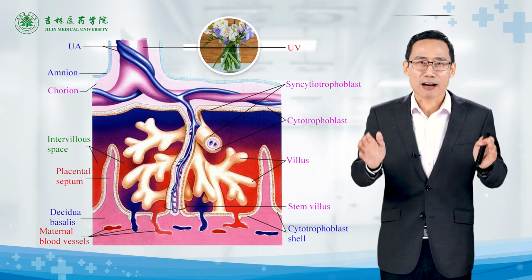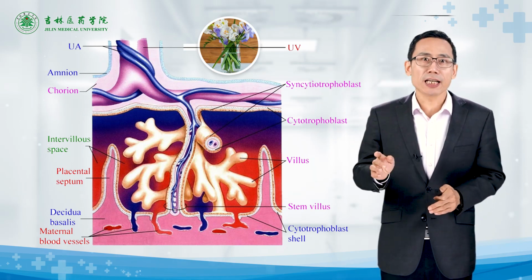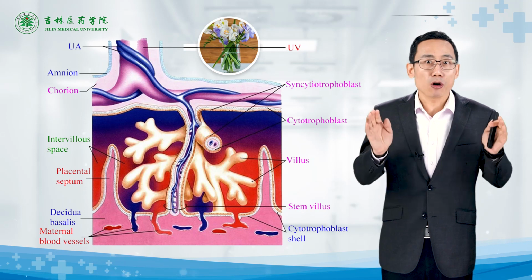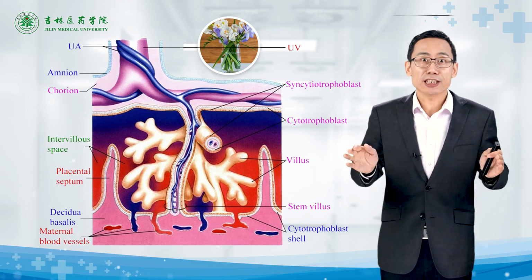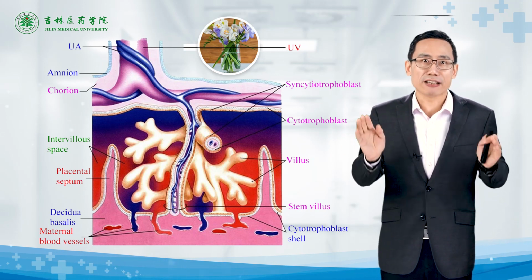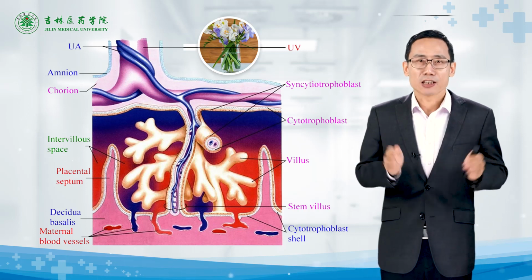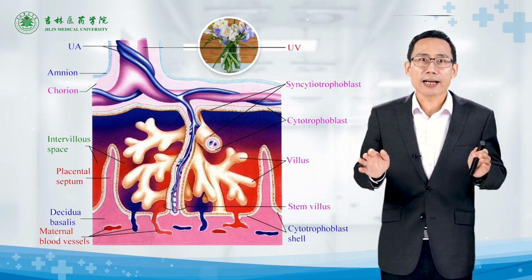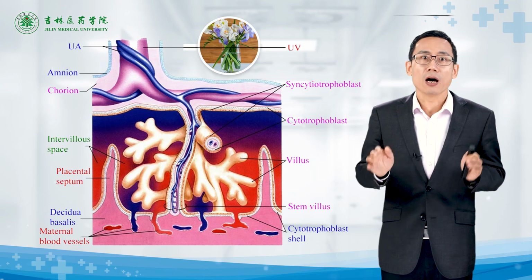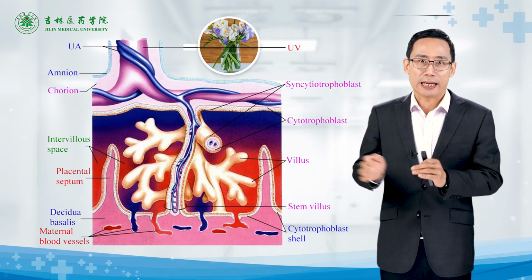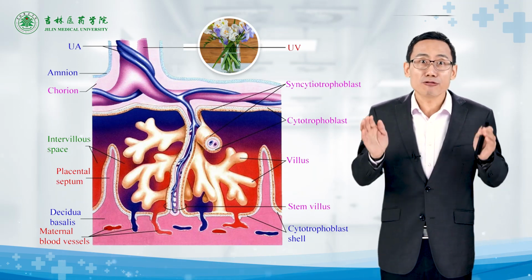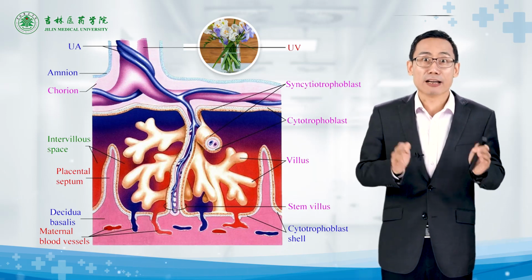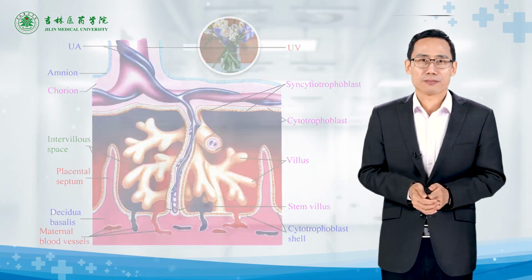The placental septum divides the placenta into 15 to 30 placental lobules, each of which contains 1 to 2 stem villi and branches. The branches of the uterine spiral artery and uterine vein open in the villus space, so the villus space is full of maternal blood and the villus is soaked in it.